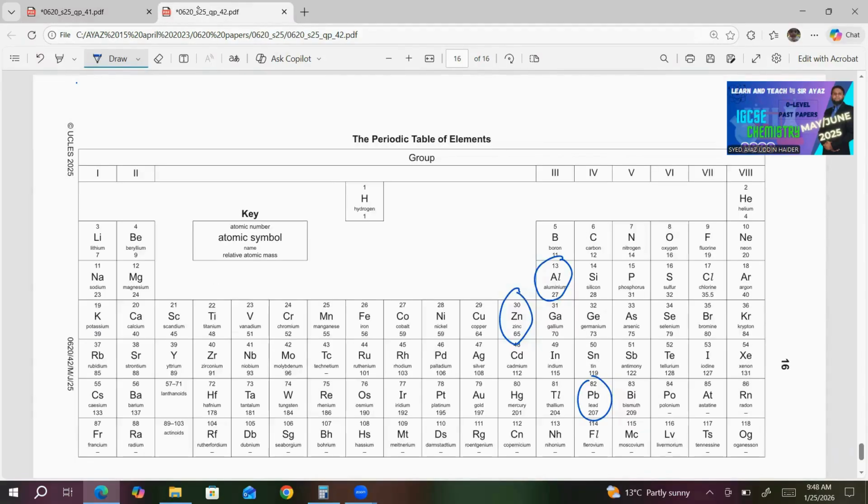You look at this periodic table. This one is the atom of calcium, and this one is the ion of calcium.